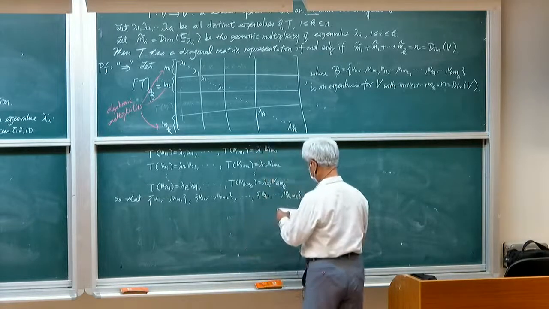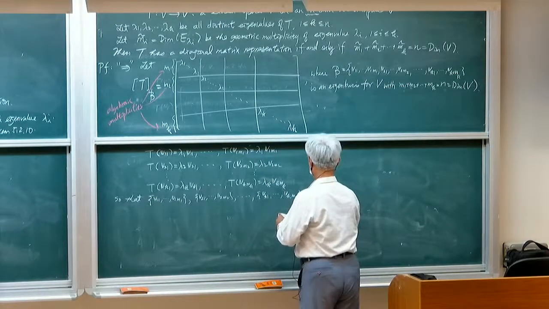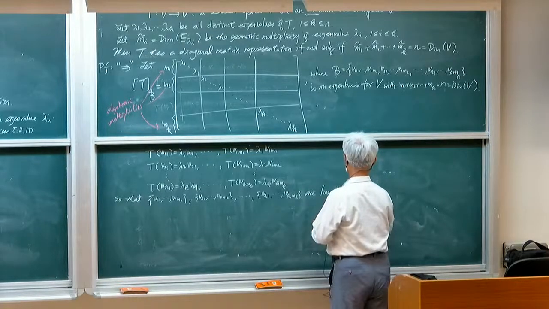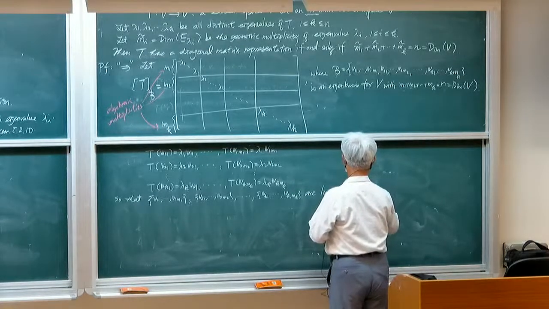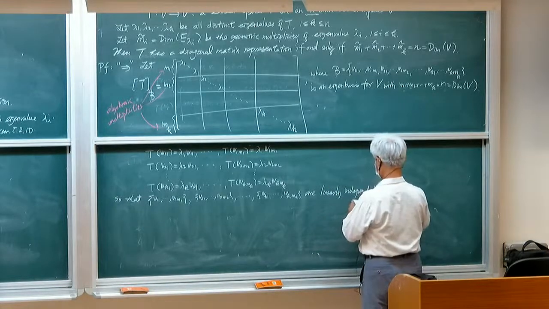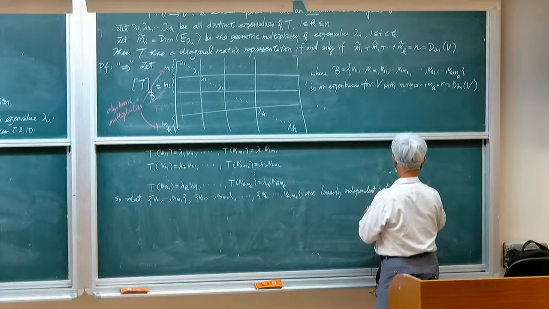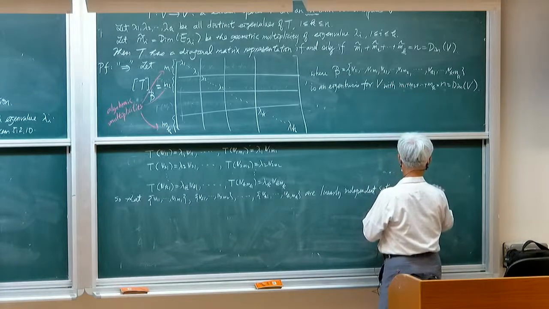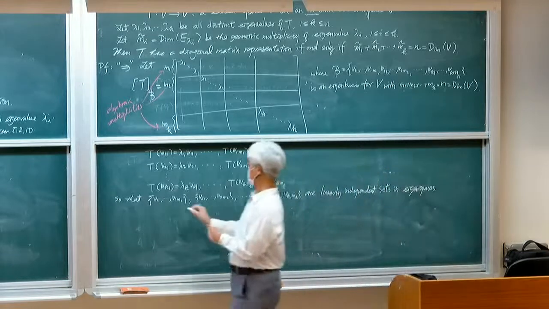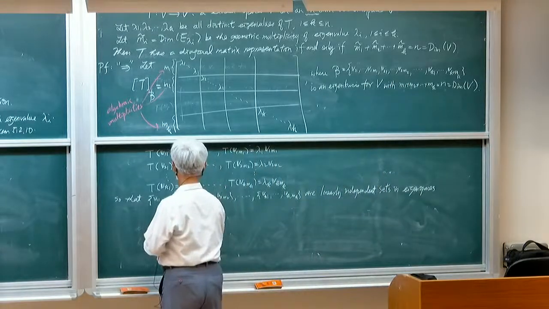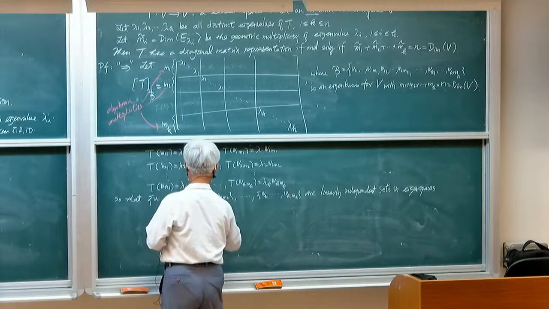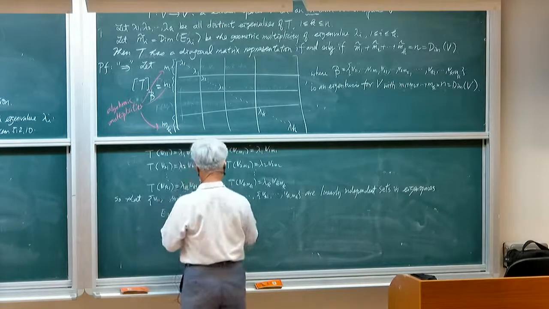They are linearly independent sets in the eigenspaces E lambda 1, E lambda 2, up to E lambda k, respectively.